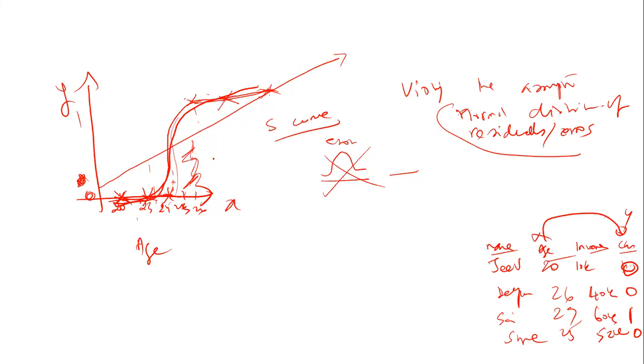So in logistic regression we are fitting the S curve. The S curve is very close to the actual value, and the predicted and actual are very close by. So for that purpose we are supposed to use logistic regression, not linear regression.